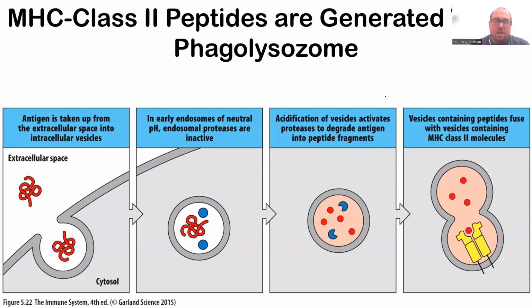When we have engagement of the pattern recognition receptors from an extracellular pathogen, this then allows for receptor-mediated endocytosis. And over time, the endosome actually sequesters proteases or has proteases in them as a part of being up close to the cell membrane like this.